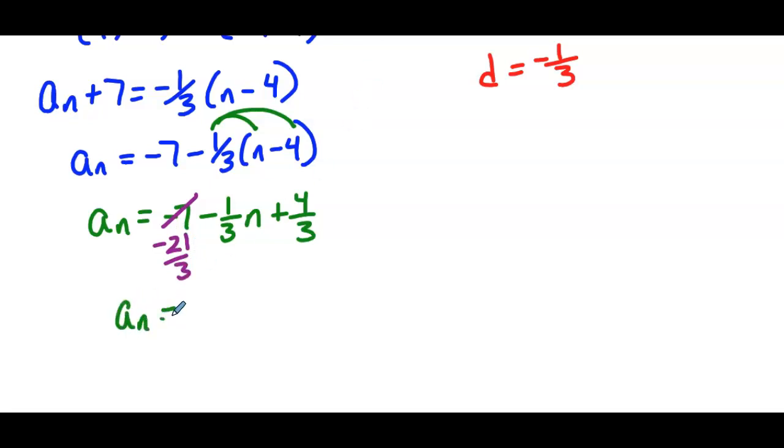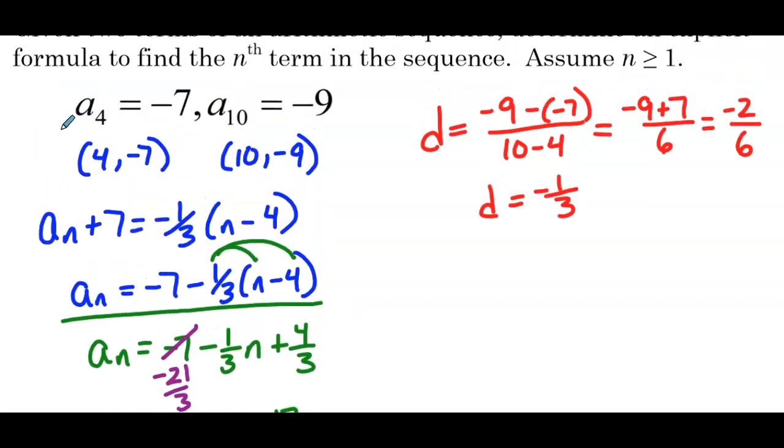So a sub n is negative 1/3 n minus 17 over 3. Okay, so we could either have stopped here, or we could have simplified to get what looks like slope-intercept form as opposed to point-slope form. Both of these are correct explicit formulas for the sequence that we were given.